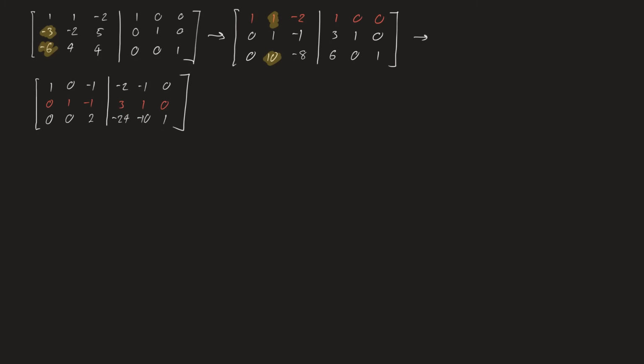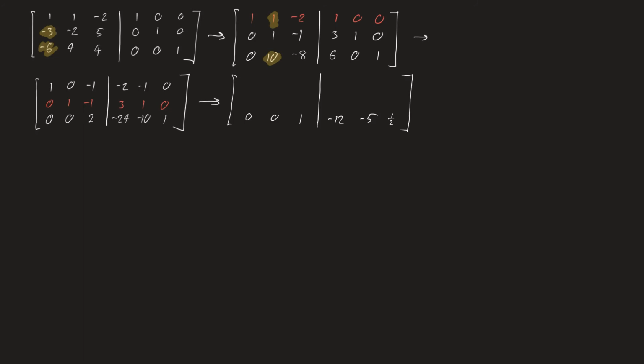So let's do that. I'm going to write everything in white here, focusing on the third row first. 0, 0, that's a 1. This is now a -12 because I am dividing by 2. This is now a -5, and this is now a 1/2.